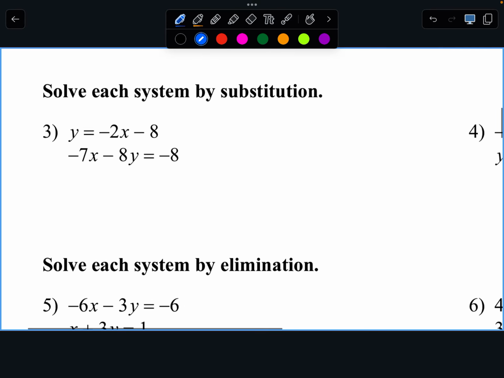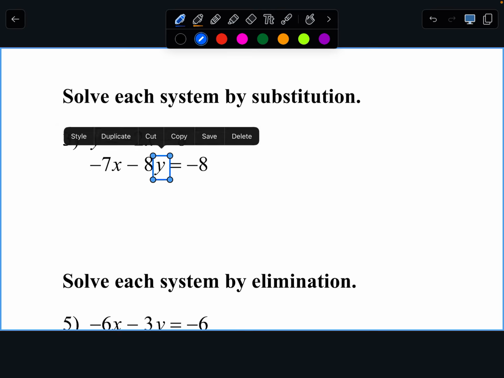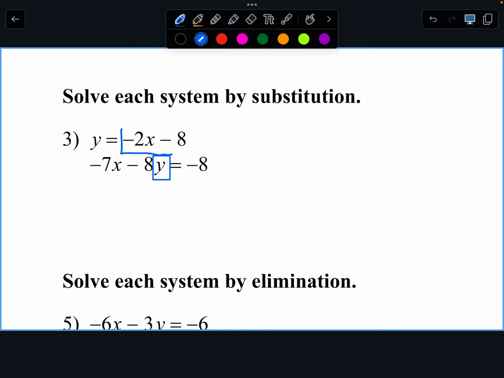Let's take a look at these by substitution. Now, this one's pretty tricky. It's not a super nice answer. When we're using substitution, remember we replace a variable with something we know it is equivalent to. So looking at the y in the second equation, we know that it is equivalent to negative 2x minus 8.